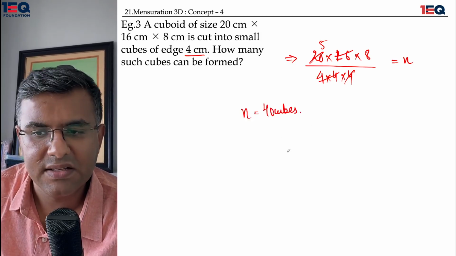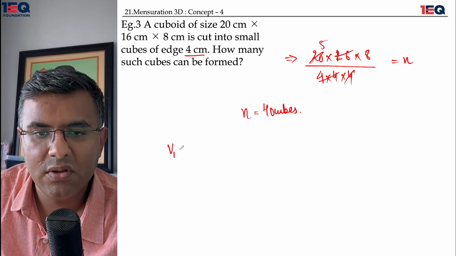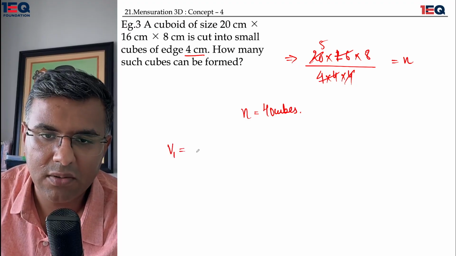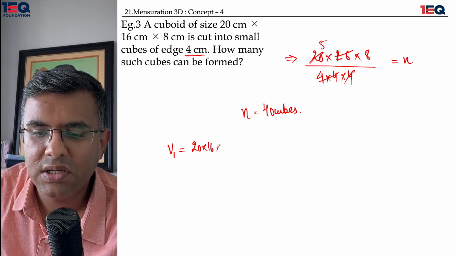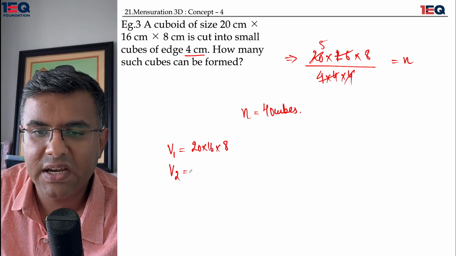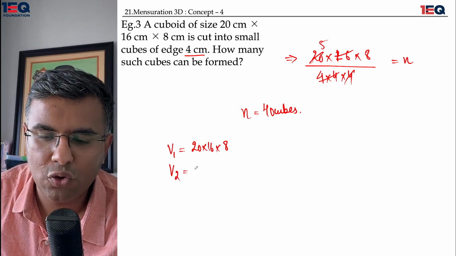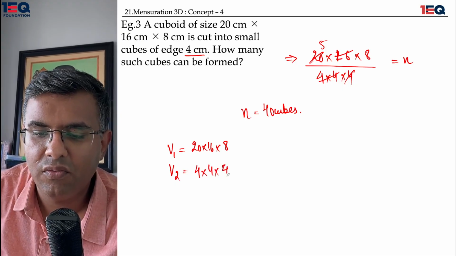You might feel that this is a shortcut. I will do it the long way. I am finding out the volume of the first solid, which is a cuboid, which is 20 into 16 into 8. Now I'll have to find out the volume of the second thing, which is a cube of side 4. So this is 4 into 4 into 4.